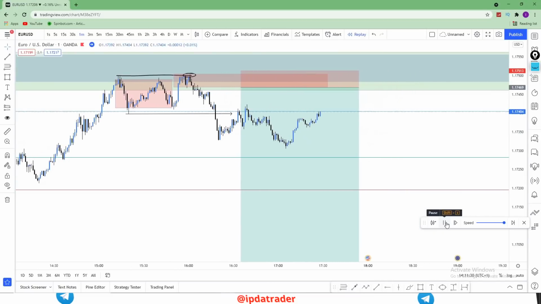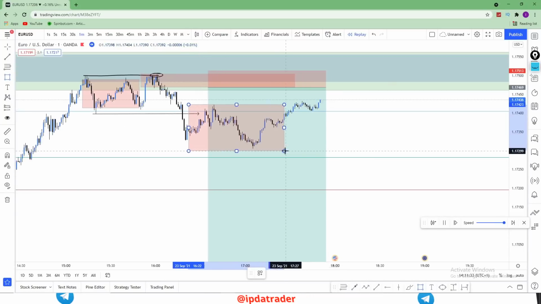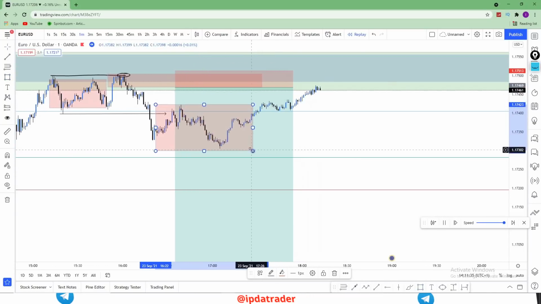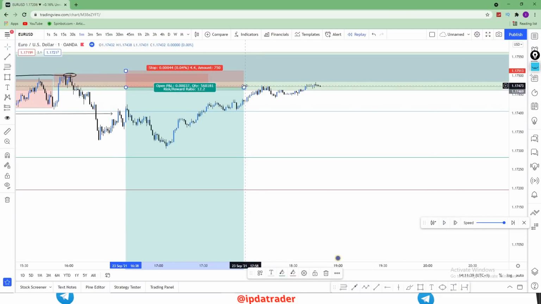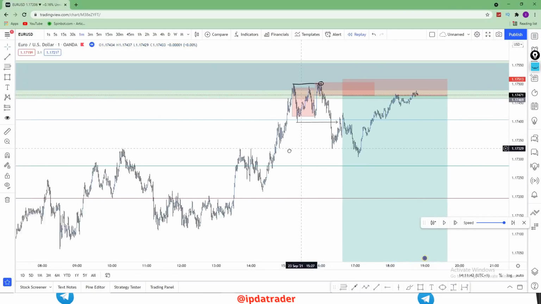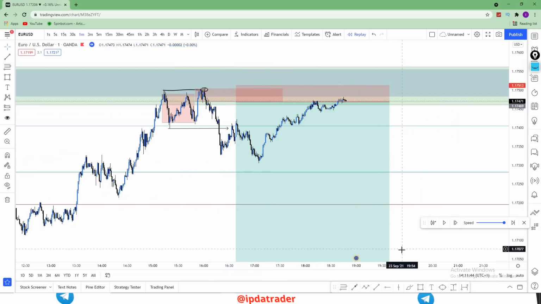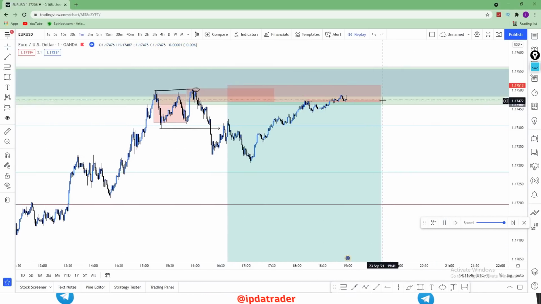Price continues, plays around, essentially is creating more liquidity with these movements up and down. And as you can see, whoops, price comes back up, taps you in, right? All your rules are valid, so you can take this trade. And let's see what happens.